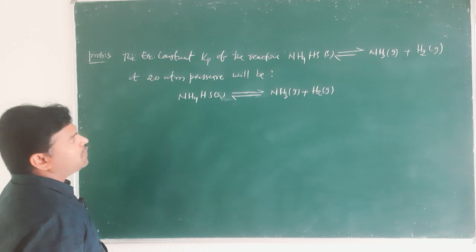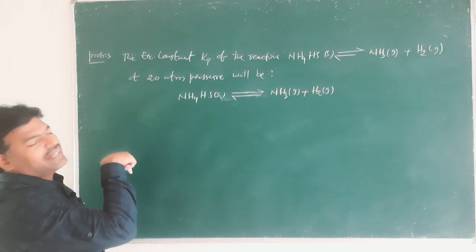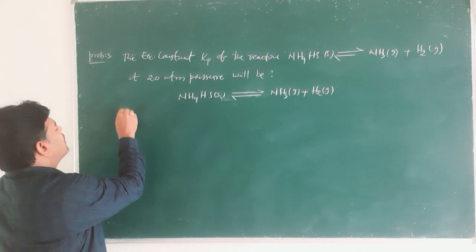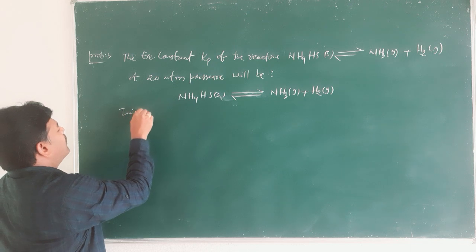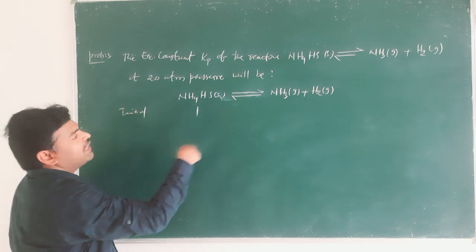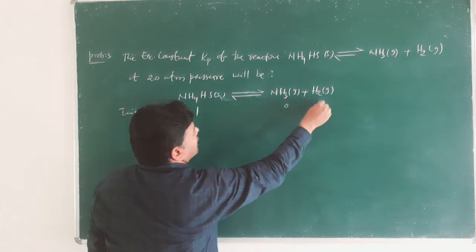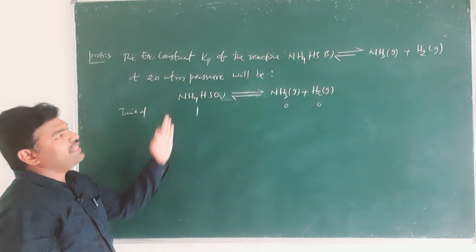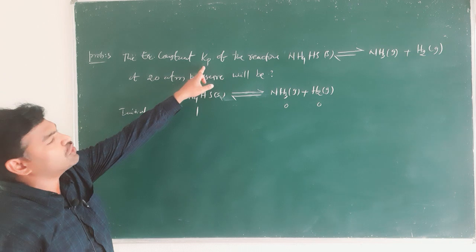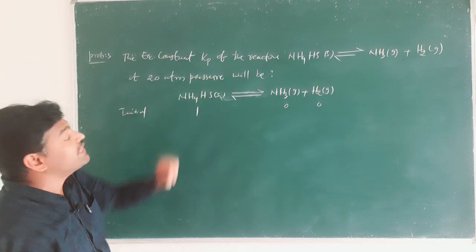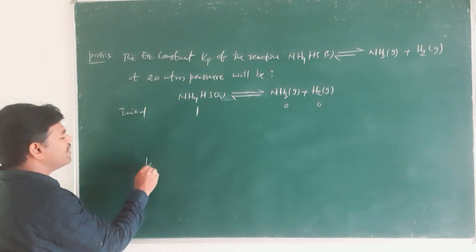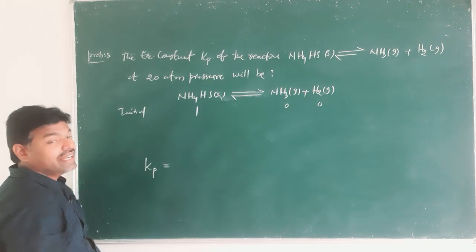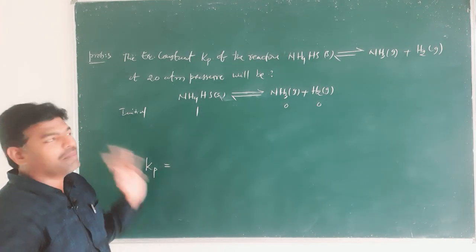Initial moles we can take as 1, and the initial concentrations of the products are 0. Now we can write the equilibrium constant. They asked to calculate Kp, which is the equilibrium constant expressed in partial pressures.